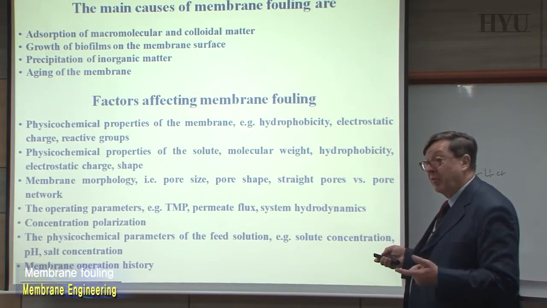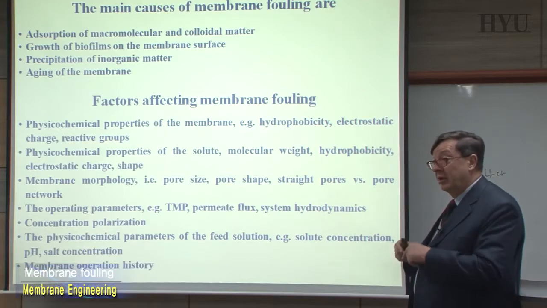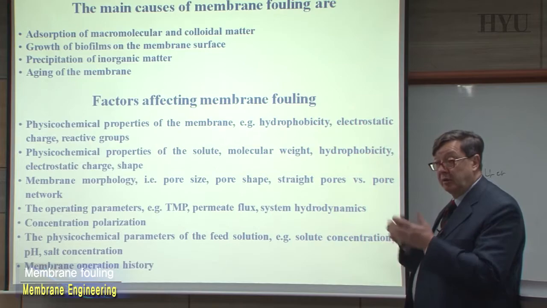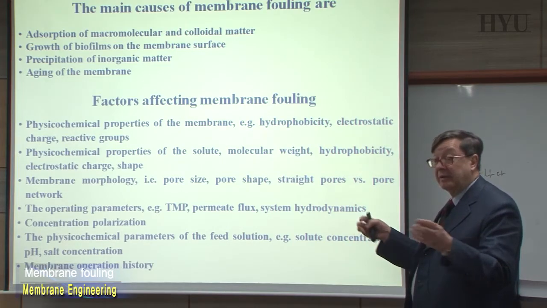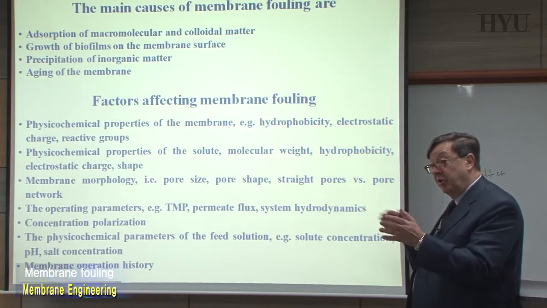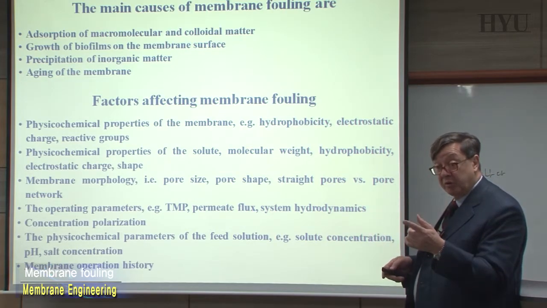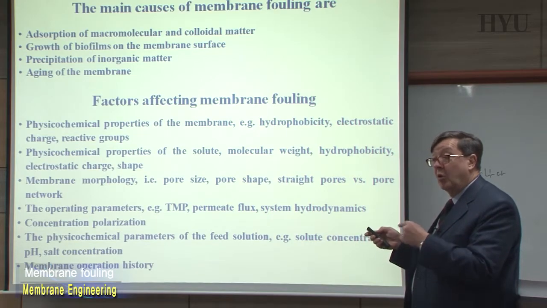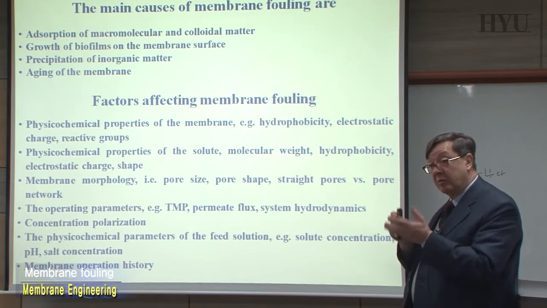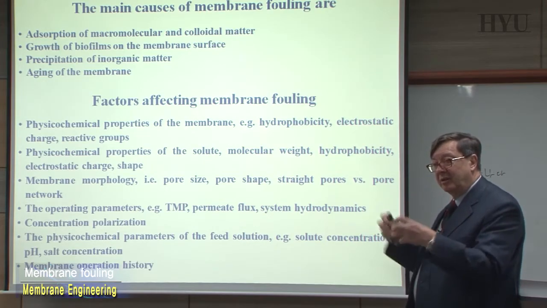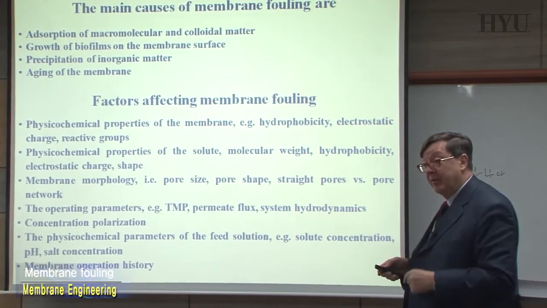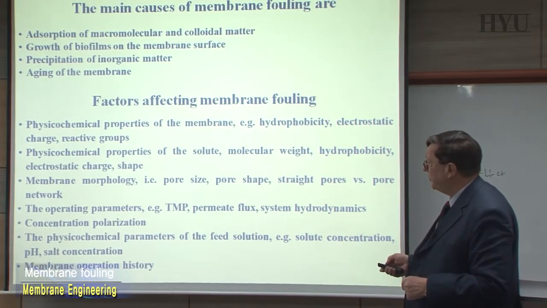That is very important because by changing the ionic strength, you change sometimes the spatial configuration. Some proteins can be linear at a certain ionic strength. They can be globular. Very different behavior for the same protein at the same concentration when the ionic strength is different. When you have a linear molecule and a globular molecule, the packing of this kind of system can be quite different as for the final fouling behavior.